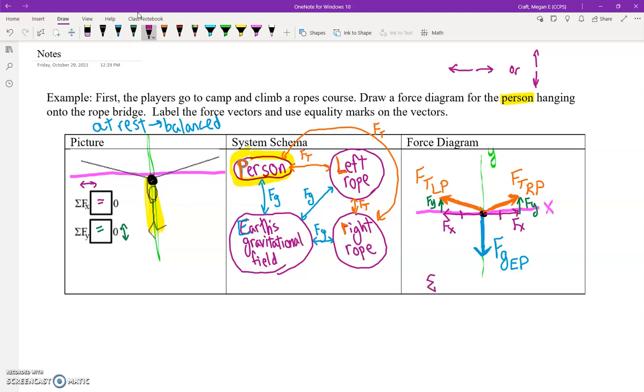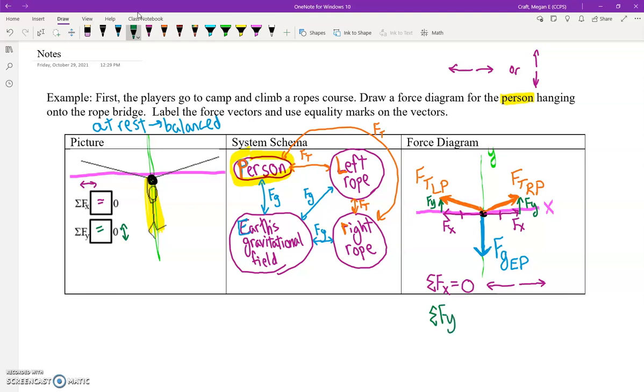So we can tell that the net force in the X direction is equal to 0 because we have Fx going left and that tension force also pulling to the right, so they cancel out. The Y direction, though, is a little trickier because we have 3 arrows to compare.